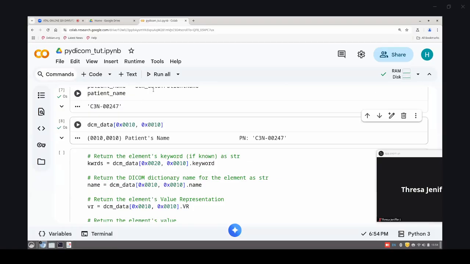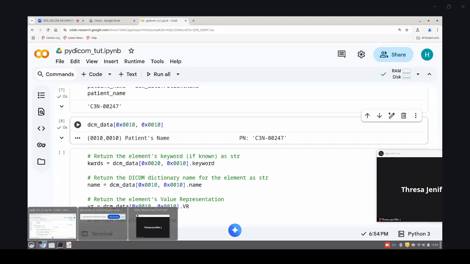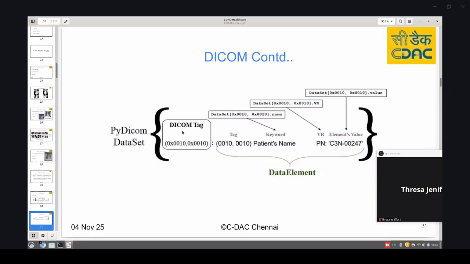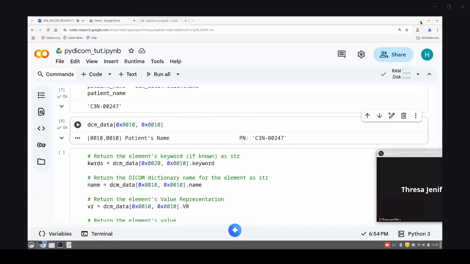Patient name is a keyword, or you can use the tag to access it. As I said, DICOM data is generally of this format: DICOM tag, keyword, value. So you can use either the tag or the keyword to access the DICOM data.